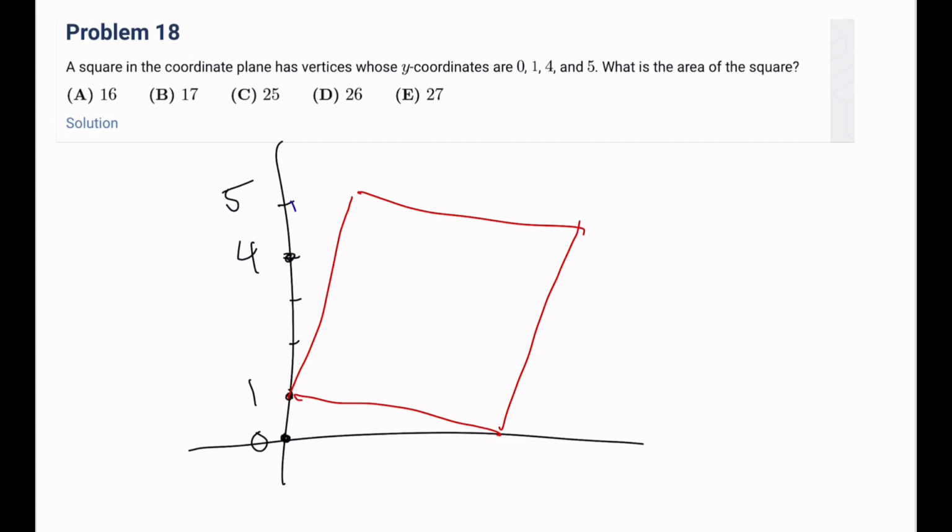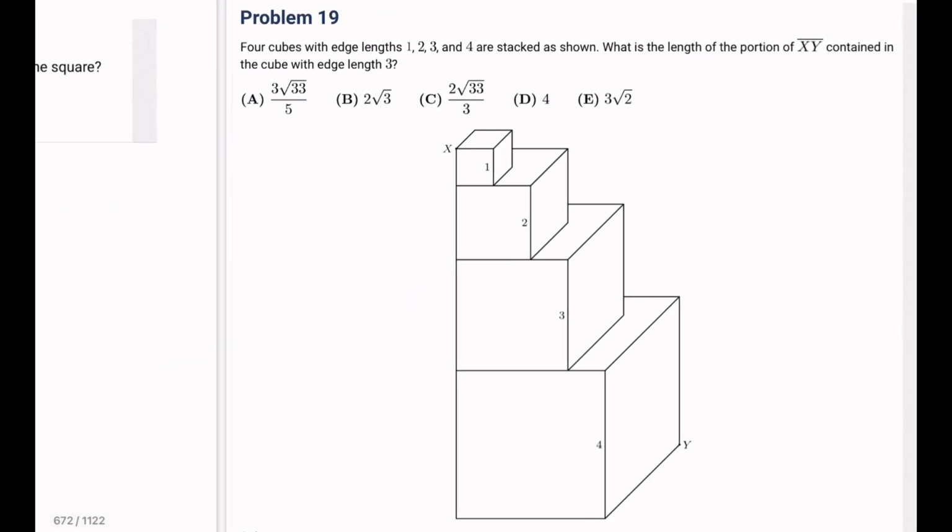And so since this length is 4, this length must also be 4. Since this is 1, this must also be 1. And so since this is 4 to 1, this length is root of 4 squared plus 1 squared, which is root 17. And so the area of the square is root 17 squared. This is 17. The answer is B.